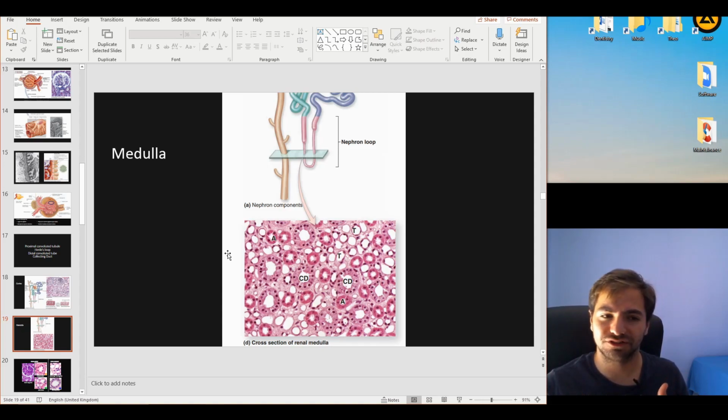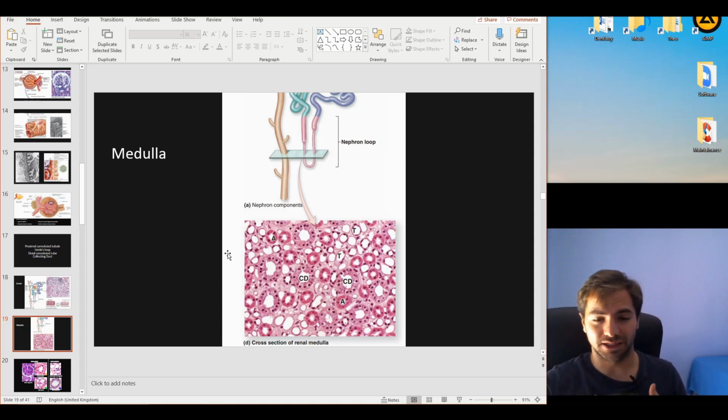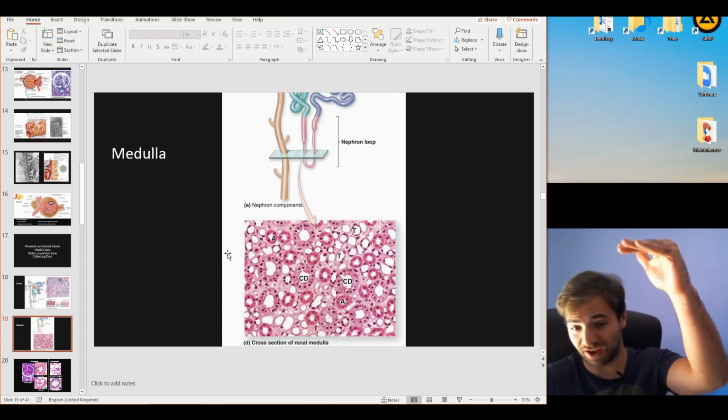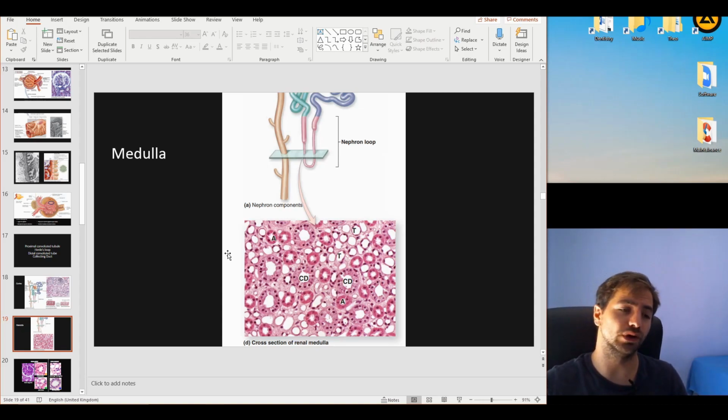In the medulla, we're going to find only the segments of Henle's loop, which are of course the lower segments. And in fact, the renal tubule is a very long structure. It extends from the renal cortex, where we have the corpuscle, to the very bottom of the renal medulla.